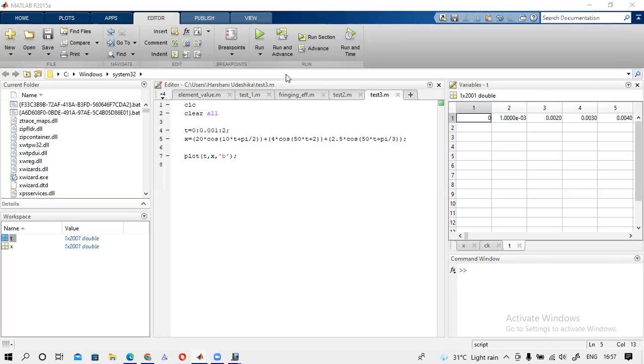But what are the frequency components? What are the frequencies involved with this signal? How many frequencies are there?